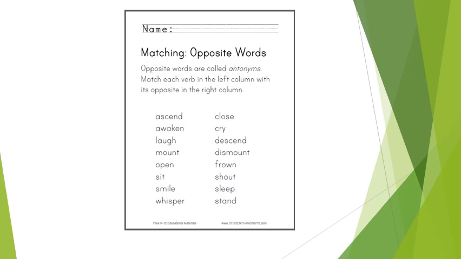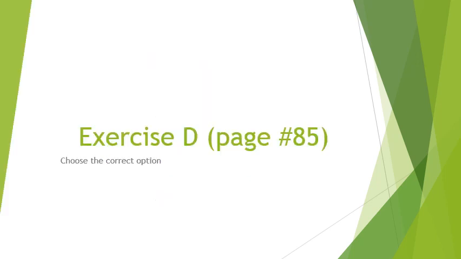And now the next thing you have to do is exercise D on page number 85. That exercise is already done. I'll just discuss the answers and the reasons why these are the correct options. Okay, it's page number 85, exercise D. Circle the correct options.